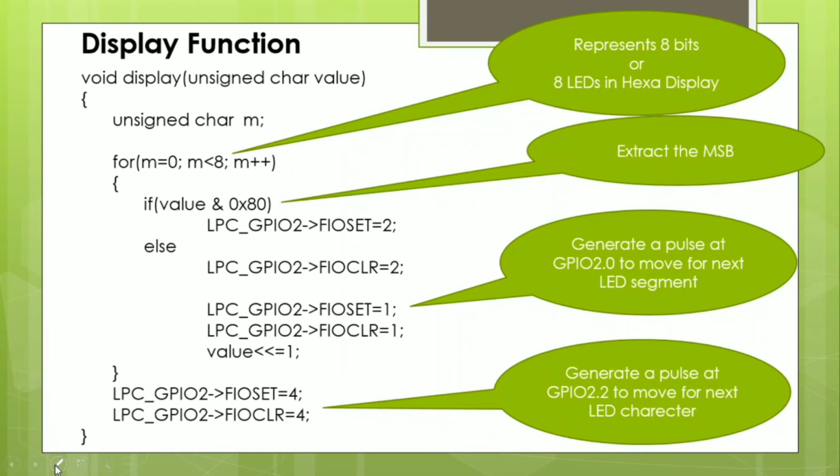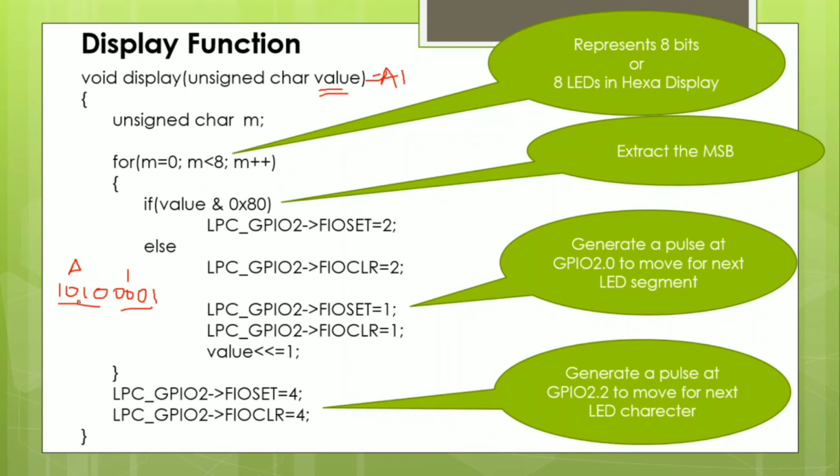I've selected the value A1, which is 1 0 1 0 0 0 0 1. This represents A and this is your 1. The value of this variable value is A1.